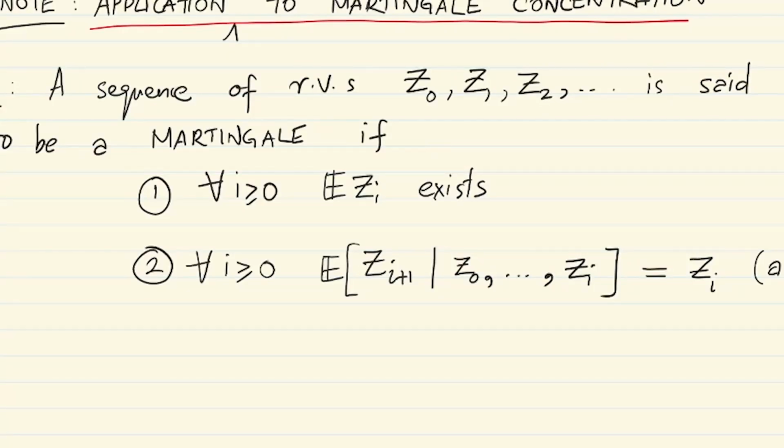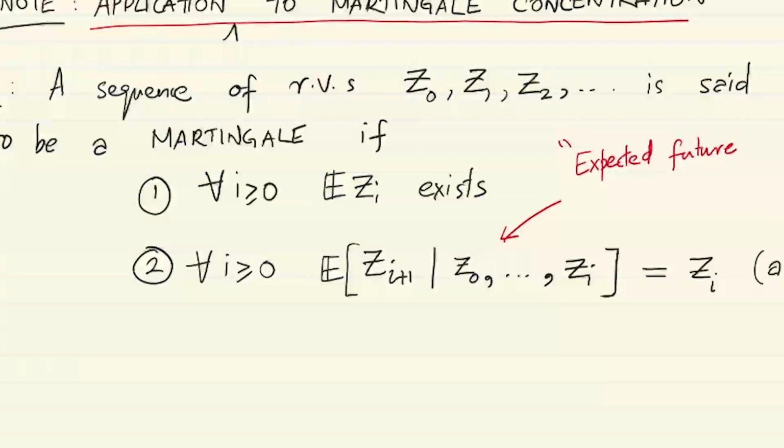Okay, so basically in words it means that, very roughly speaking, if you're sitting at time i, the expected future value, which is zi plus 1, is equal to the present, given the past.